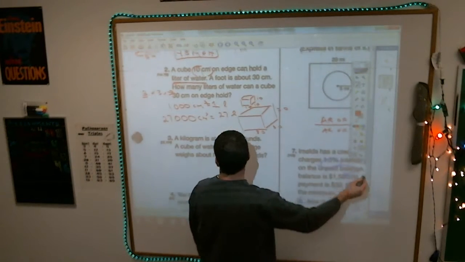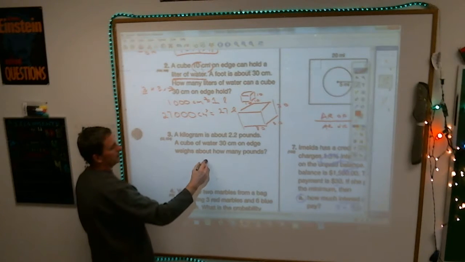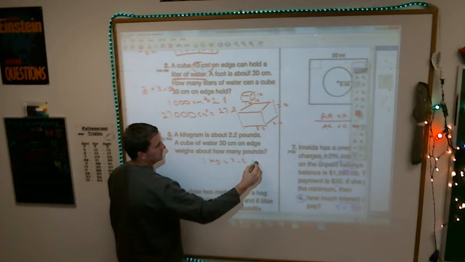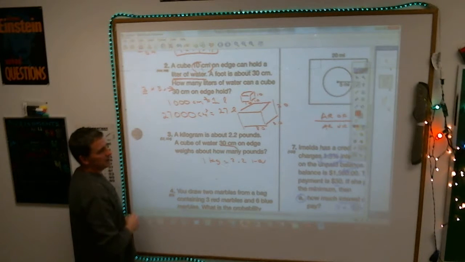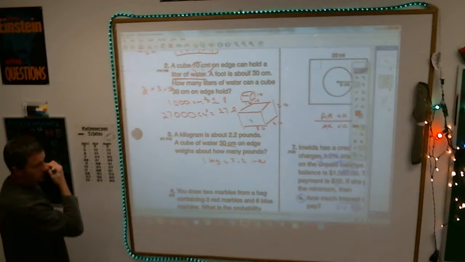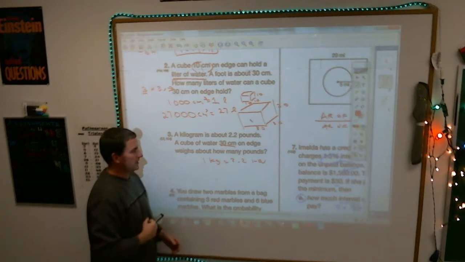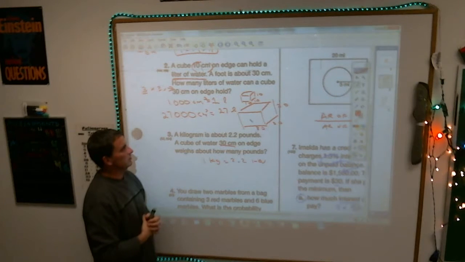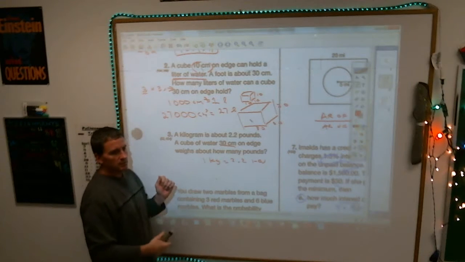And then, does this go to the same thing? A kilogram is 2.2 pounds. We already did this. 1 kilogram equals 2.2 pounds. A cube of water, 30 centimeters on a side, is how many pounds? We know the volume is 27,000. How do we make the connection here? You need to know what 1 centimeter cubed weighs. Remember?